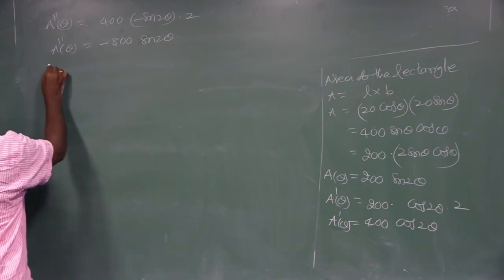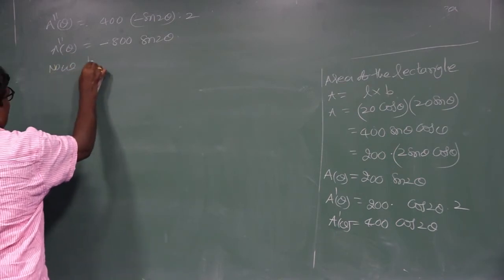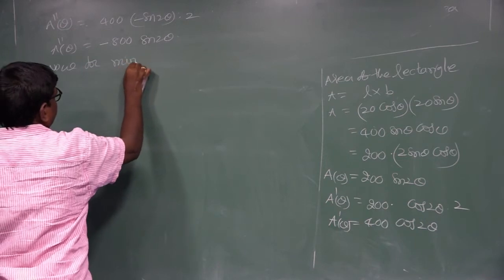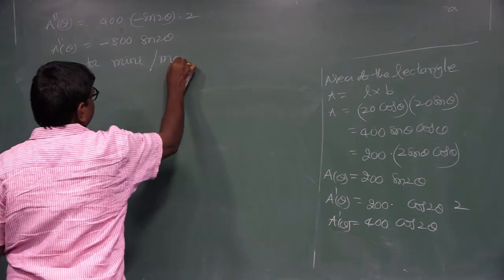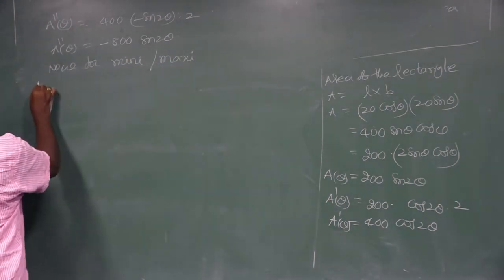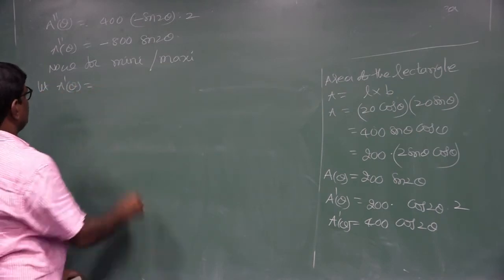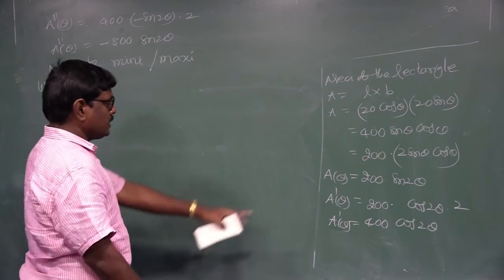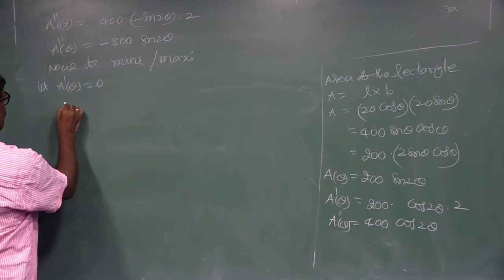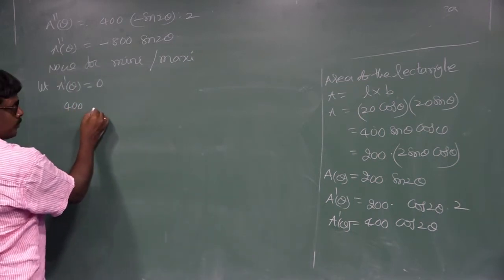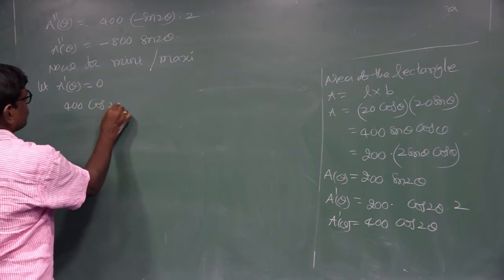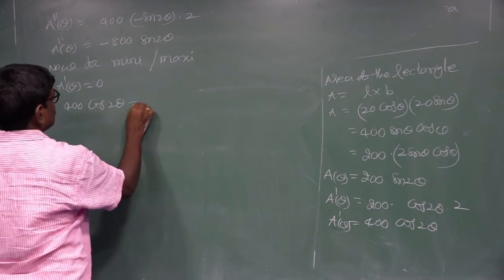Now for minimum or maximum, let A dash theta equal to 0. A dash theta value is 400 cos 2 theta equal to 0.